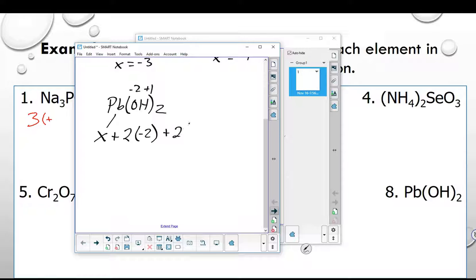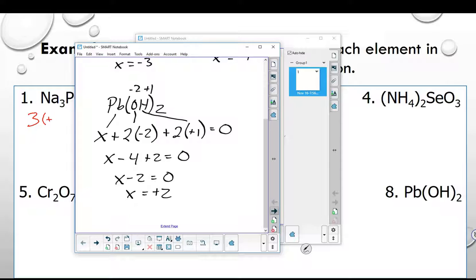So I've got 2 +1s. I know it has to equal 0. So this represented my oxygen, this represented my hydrogen. So simplifying down, x minus 4 plus 2 equals 0. So x minus 2 equals 0. So x equals a +2 because you'd add 2 to both sides.